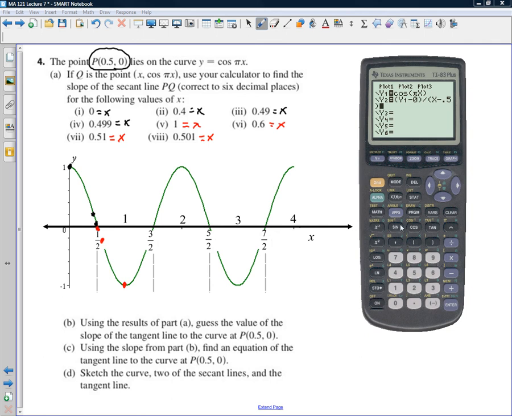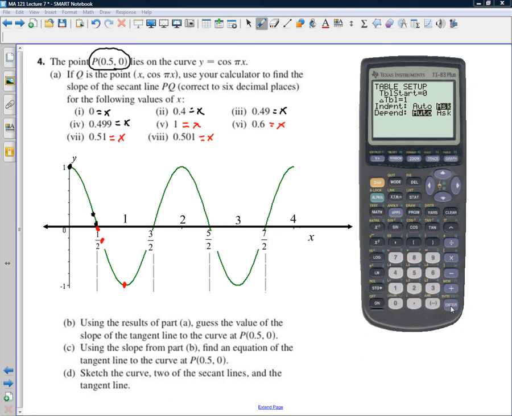Now, we need to set our table, and press your second key and your table set. And you want to make just one change here. You want the table to ask you for values. In other words, we don't want to put values in automatically.